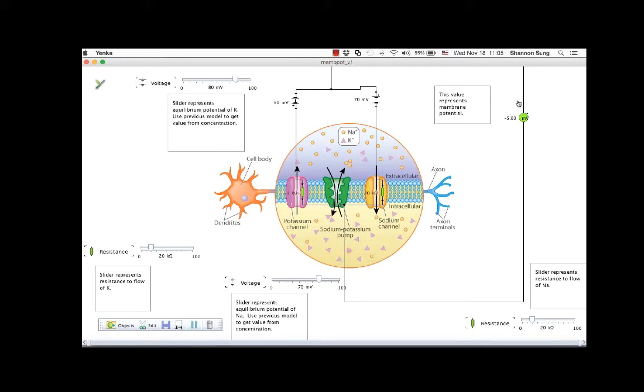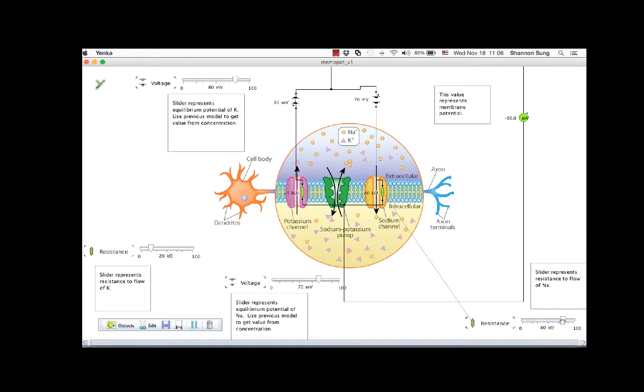And as we do that, the resting membrane potential, which is shown up here, will change. As you can see, as I'm changing these resistances or conductances, we can change the membrane potential to about anything we want. Now, at rest in a regular cell, usually we have a lot of conductance for potassium and very little conductance for sodium.